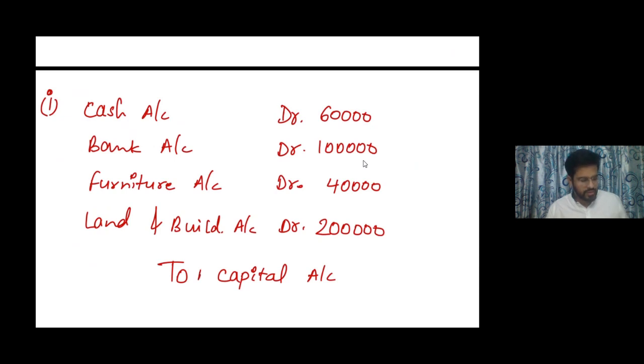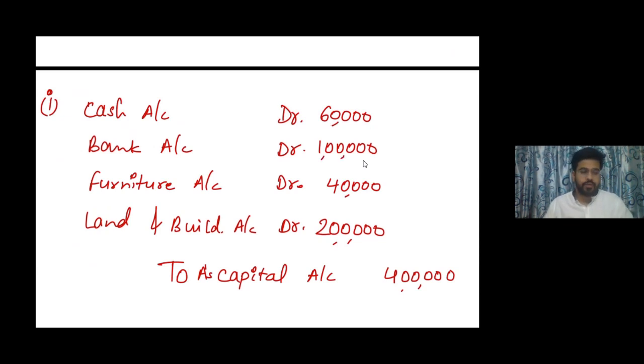Let's say his name was A. So to A's capital account. All the items which are brought in, do a total of it: 60,000 plus 1 lakh plus 40,000 plus 2 lakhs. It will give me 4 lakh rupees. So that would be my first journal entry.